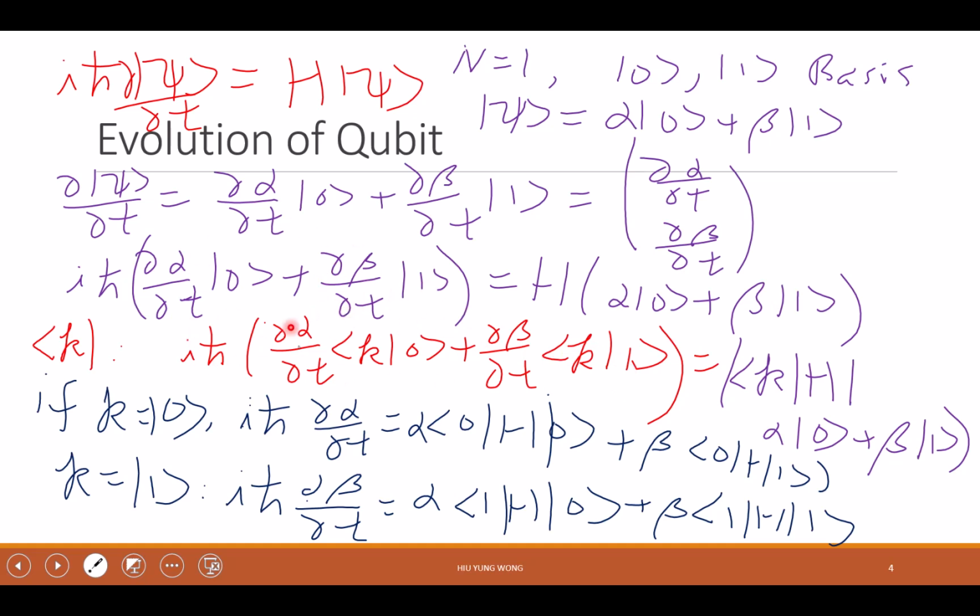I apply this to the left-hand side, so I should do the same thing to the right-hand side. So the mistake I made last time was what? I applied <k| but I should not take H out because H is a matrix. It's an operator. So it will be <k|H, and then inner product with alpha 0 plus beta 1.